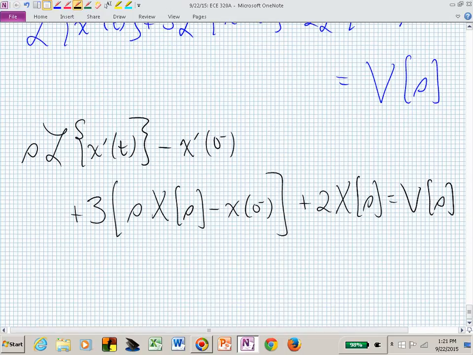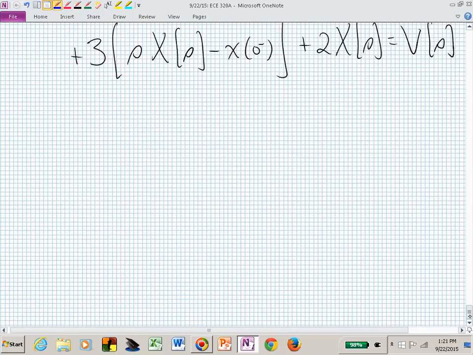We're almost finished. We just have to get rid of this last Laplace transform of a derivative, but we know how to Laplace transform a derivative. That's just s times the Laplace transform of x minus x at t equals 0 minus. And all of that will be scaled by that s. Let me write that down, hopefully.